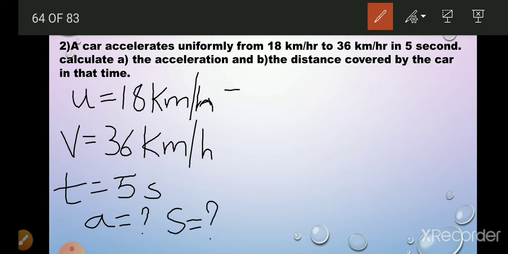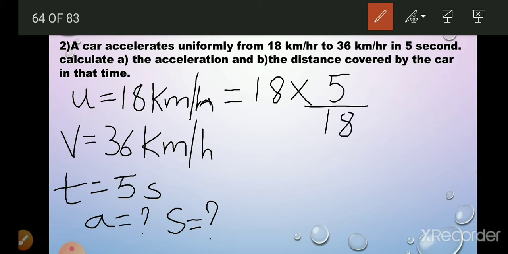So here we have to convert 18 kilometer per hour. 1000 divided by 3600 is equal to 5 by 18. So I'll write 5 by 18 instead of 1000 by 3600. So 18 into 5 by 18 is equal to 5 meter per second. Next, 36 into 5 by 18.